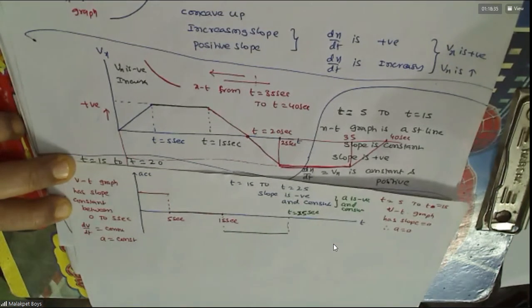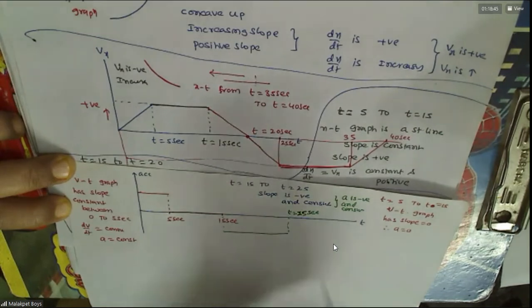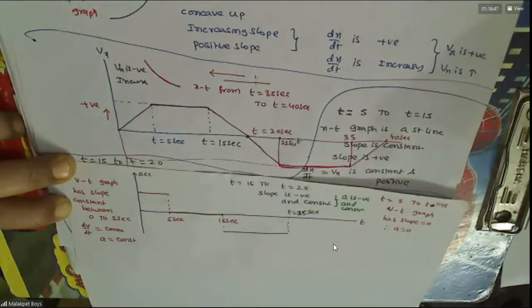Agreed? Then 25 to 35. What is happening? From 25 to 35 acceleration is again 0, no? What is the slope?